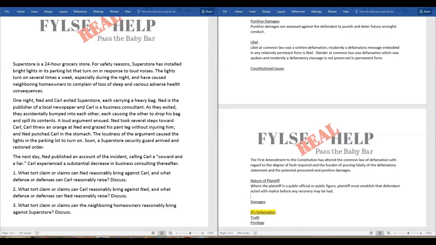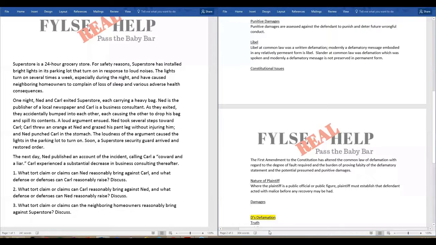You'll do whether or not this was a matter of public concern, which it's not. And then you'll say, here, this is a private person. The subject matter is private and not a matter of public concern. Common law defamation applies without constitutional modification.